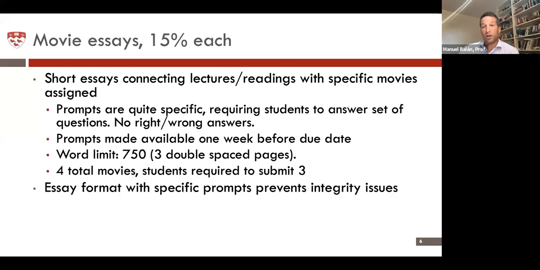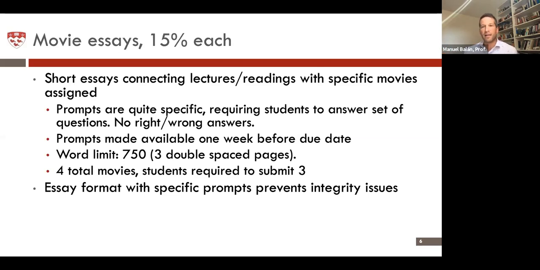In terms of integrity, one important point here is that having an essay format with a specific prompt that asks them to reply to specific questions actually prevents cheating off the internet. They cannot copy the essays out of anywhere else. These are questions that I devised according to this movie, to the specific course, to the specific readings.